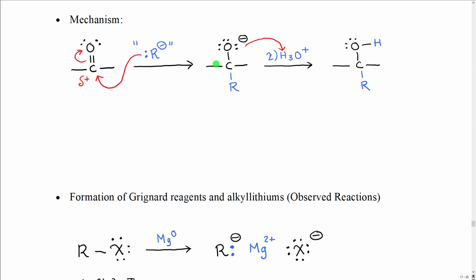Again, we get a tetrahedral intermediate. That tetrahedral intermediate is stable because there's no heteroatom groups available to push out. Therefore, the O minus will at a later date be allowed to react with hydronium. We'll put in hydronium, it will protonate, and we'll get our product.